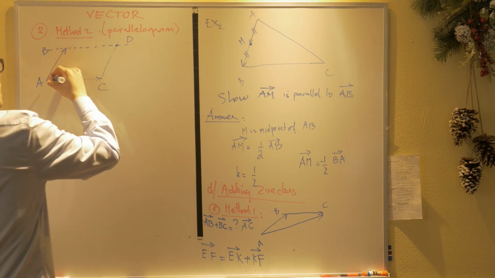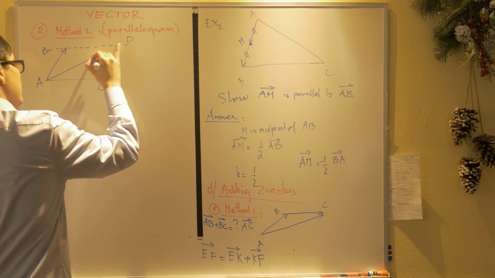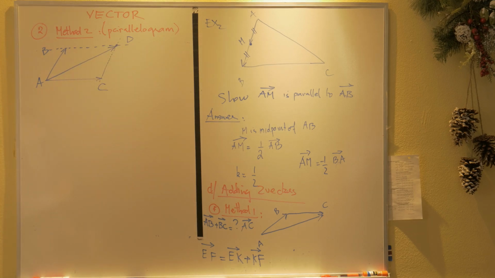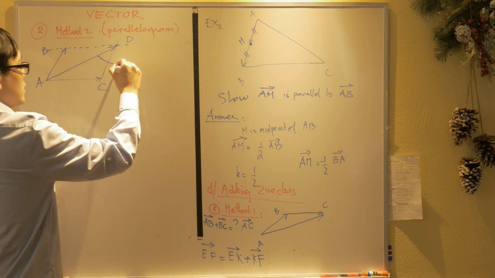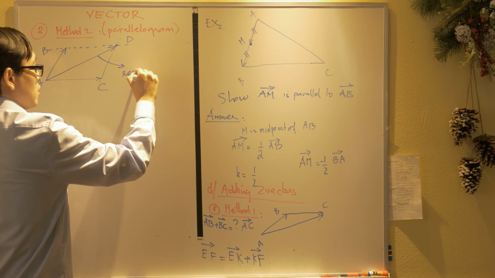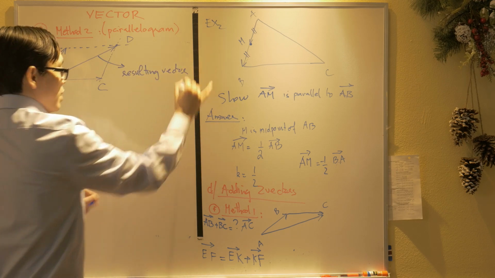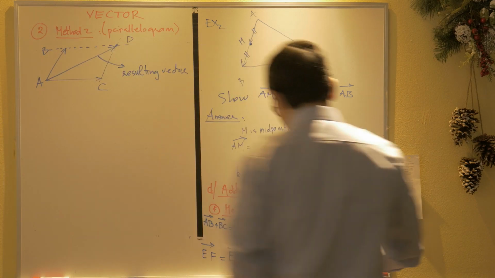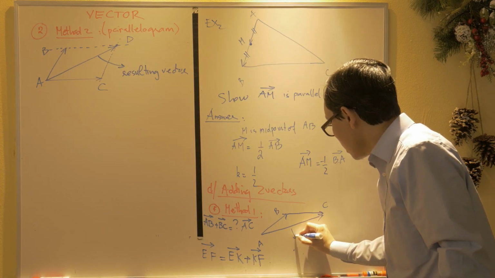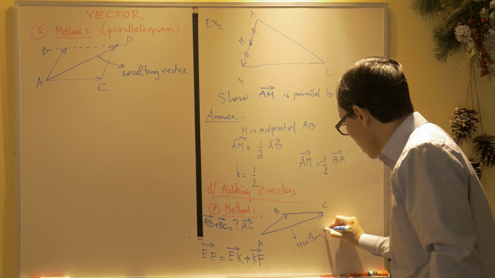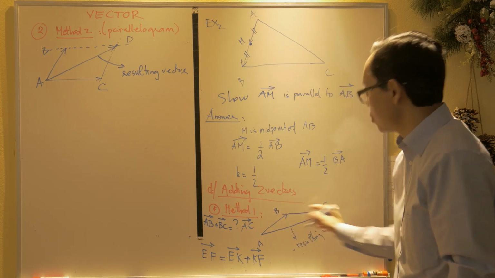Then AD is considered the sum of these two vectors. AD is the resulting vector, the same as AC is the resulting vector when you add vector AB to BC.